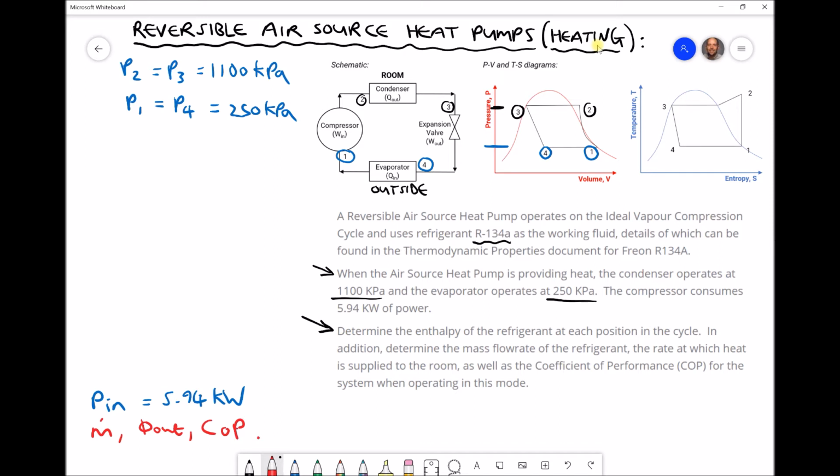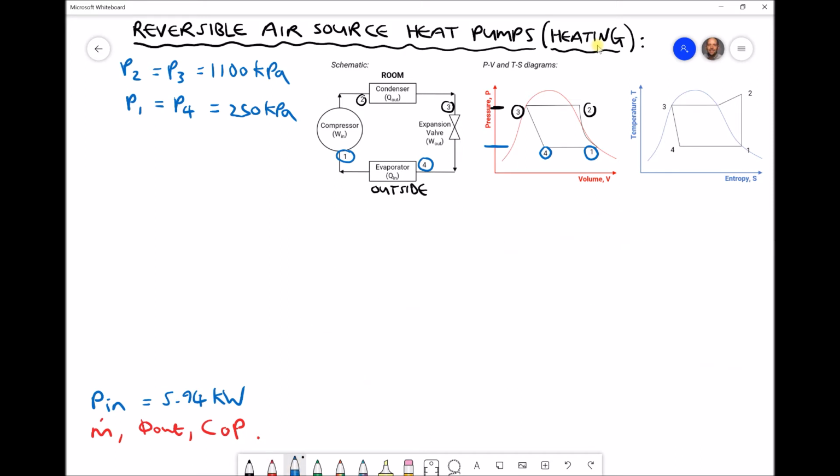Okay, so let's clear some space. Then we're going to use our thermodynamic properties document for Freon R134A in order to determine the enthalpy at each of our 4 locations. Let's begin by finding the enthalpy at position 1. What do we know about position 1? We know position 1 is the entrance to our compressor.